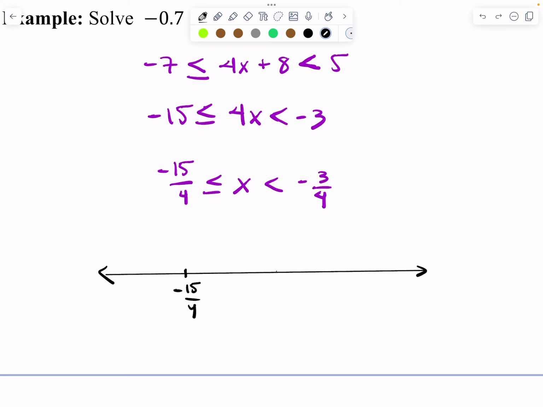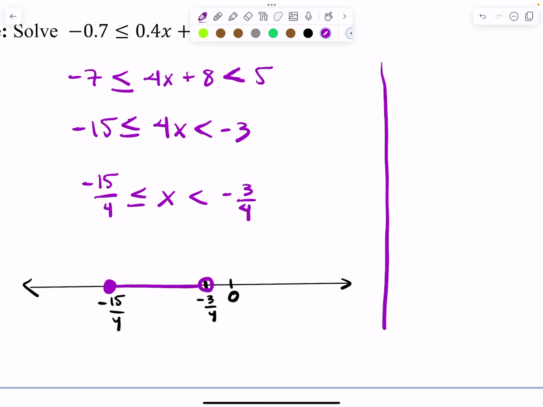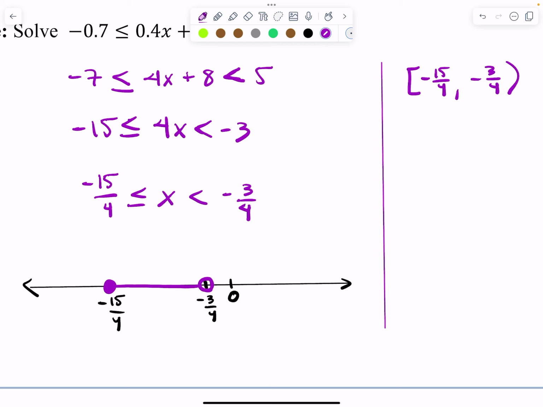Oh no, that's not 0. So negative 3/4 is going to be closer to 0. One endpoint is included, the other is not included in this case. In interval notation, that would be bracket negative 15 fourths to negative 3/4 parentheses.